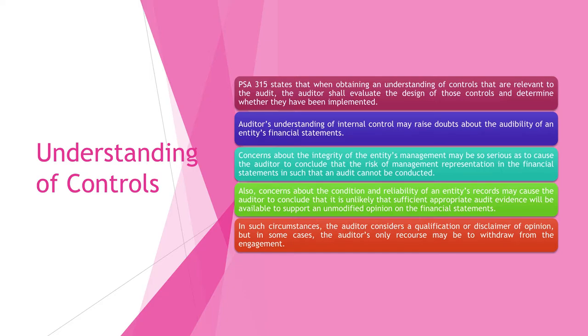If the audit risk is too high, you are no longer comfortable to take it, then you will have to withdraw from the engagement. Or sometimes it will just not be an unmodified opinion, meaning there may be some qualifications in your opinion.